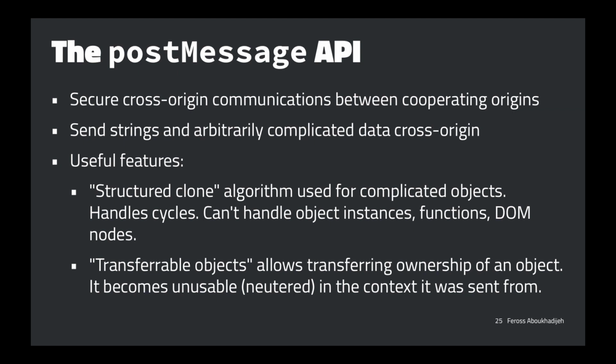So instead of copying that gigabyte array across to the other page, you can use transferable objects, where you say, I want to basically give this object to the other site, and then you lose your handle on it. You've gifted it to this other origin, and that happens instantaneously. So you can do zero copy transfers of data, but then you lose your reference to the object, which is kind of interesting.